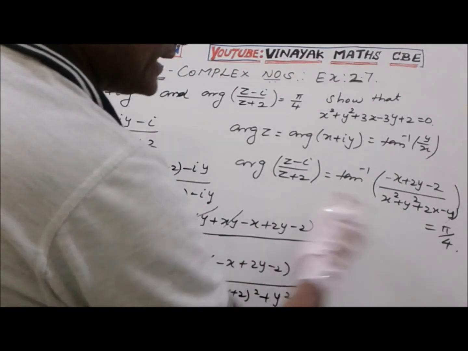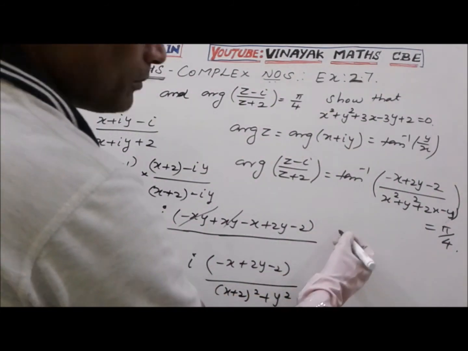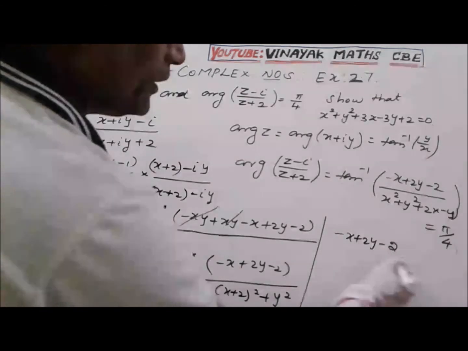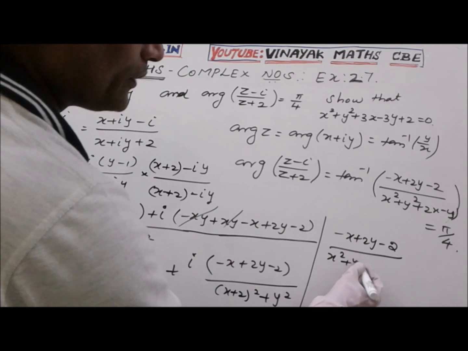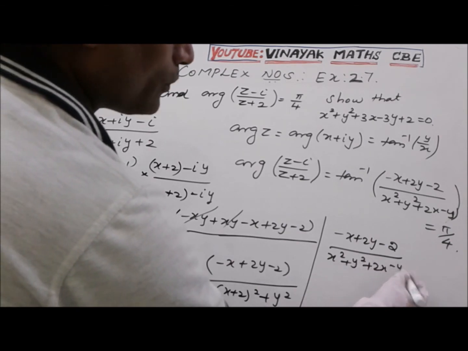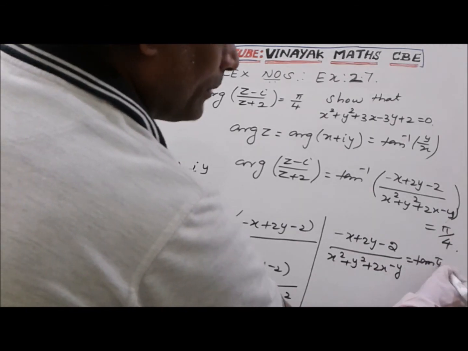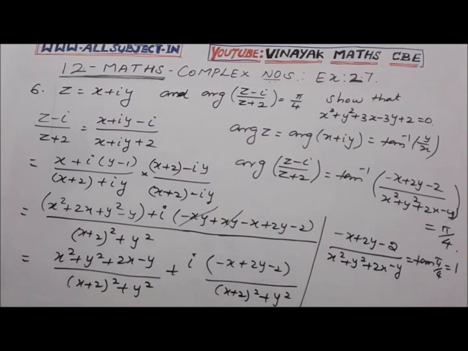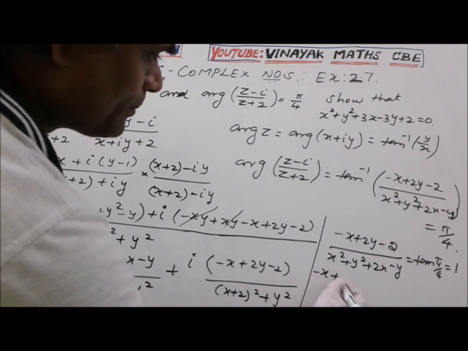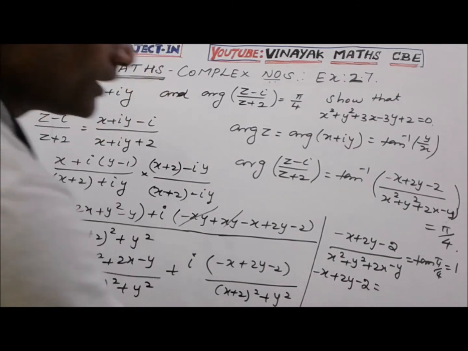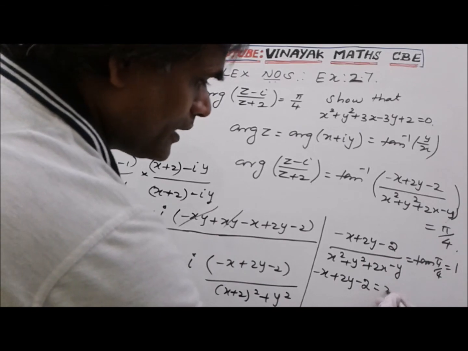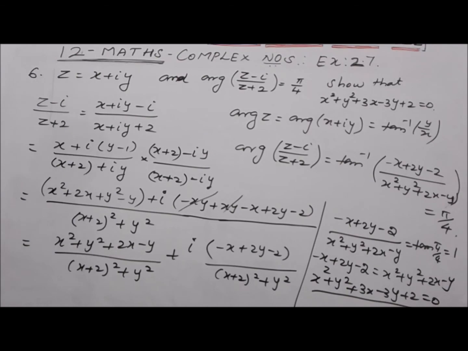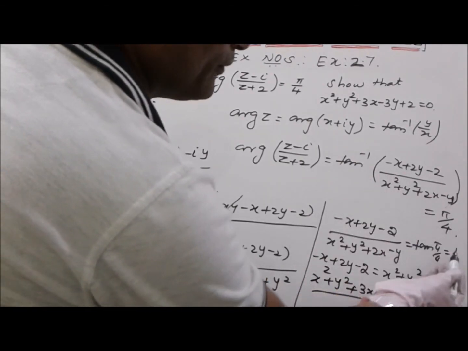Now taking tan on both sides, (minus x plus 2y minus 2) divided by (x square plus y square plus 2x minus y) equals tan pi by 4, that is equal to 1. So just cross multiplying, we will get minus x plus 2y minus 2 equal to 1 into the denominator x square plus y square plus 2x minus y. Yes, tan of pi by 4 equals 1.